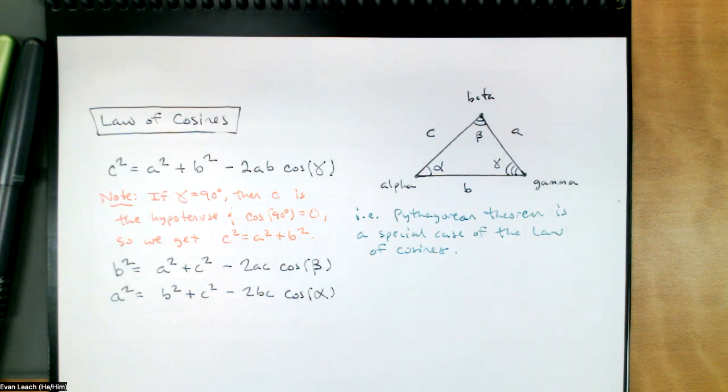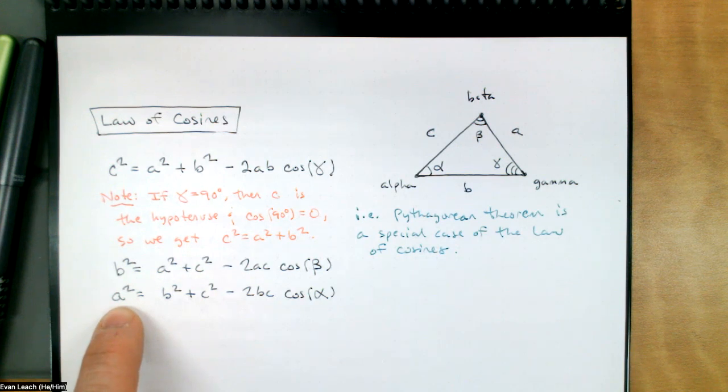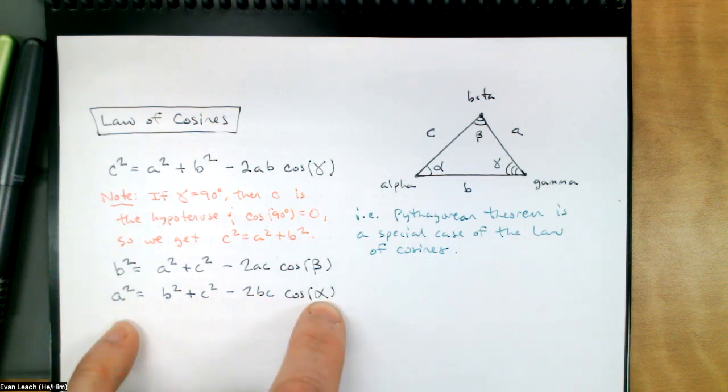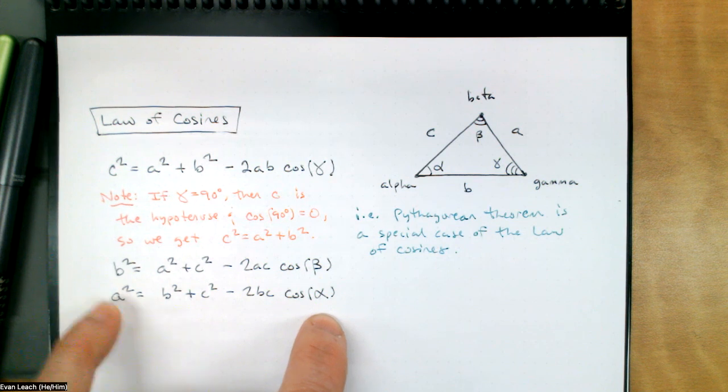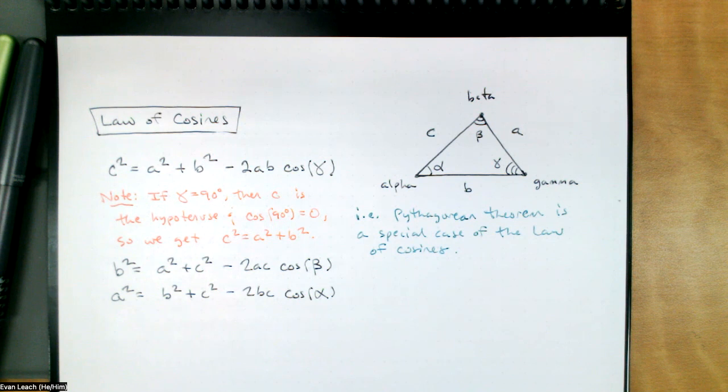What we're going to use the law of cosines for is to find out the side opposite a known angle or an angle opposite a known side. That's what we're going to use this law of cosines for in those two cases: a side opposite a given angle or an angle opposite a given side.